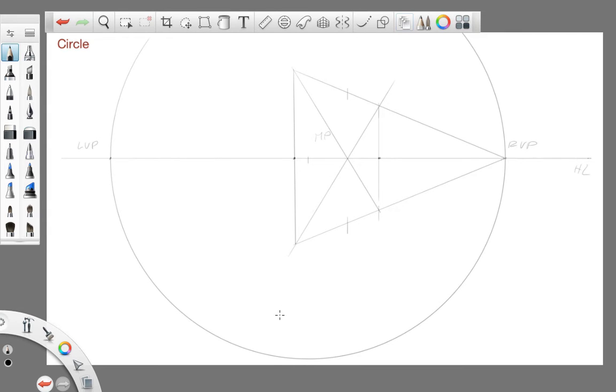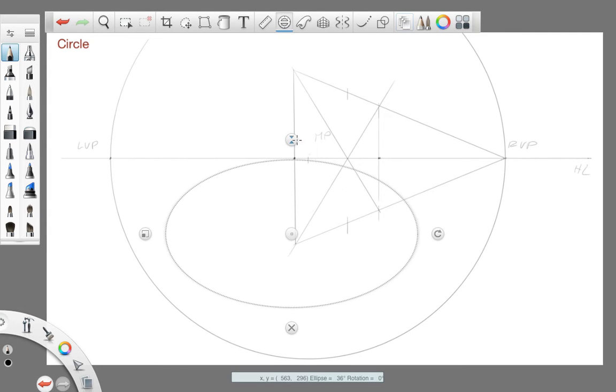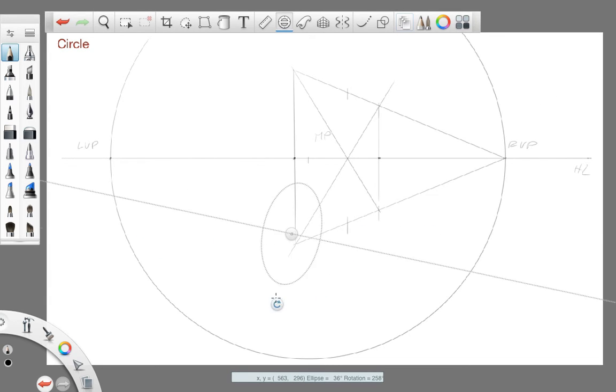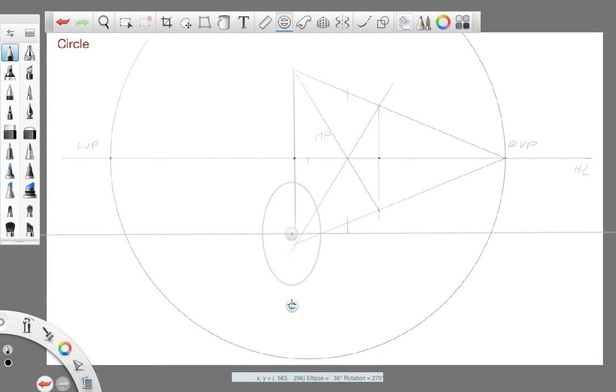Okay, good. So let's pull out our ellipse tool. Let's rotate it and try to see how good my rectangle was. And it looks like, yeah, I can squeeze it in there.